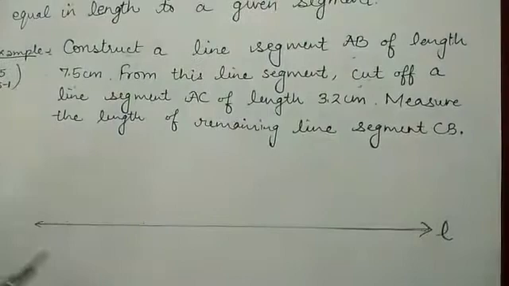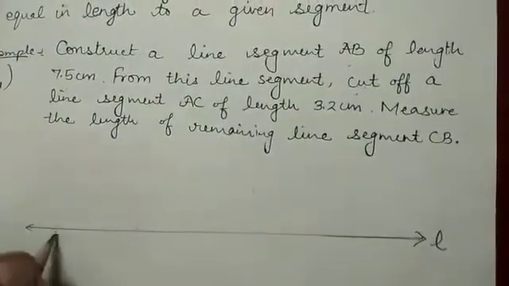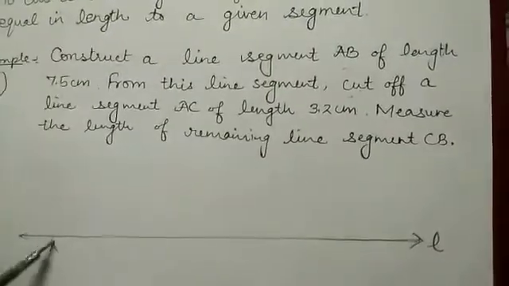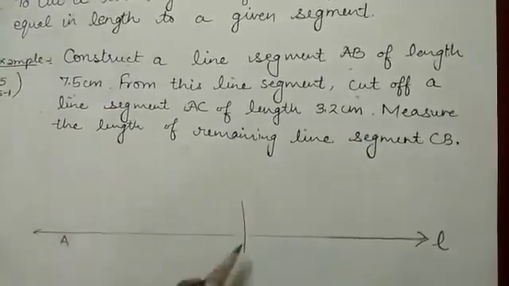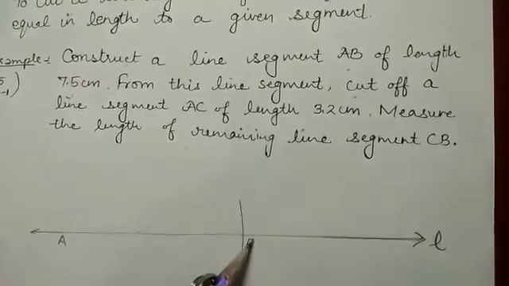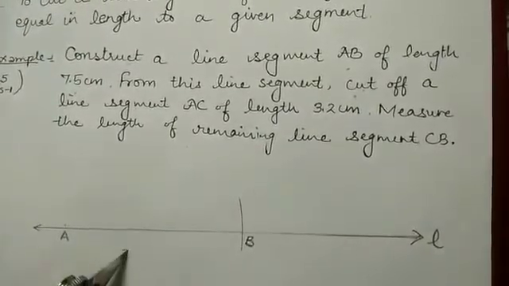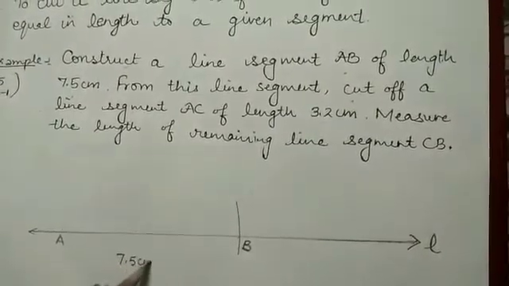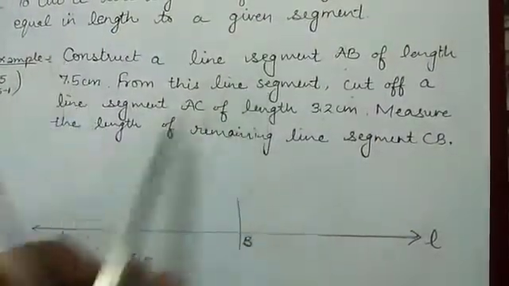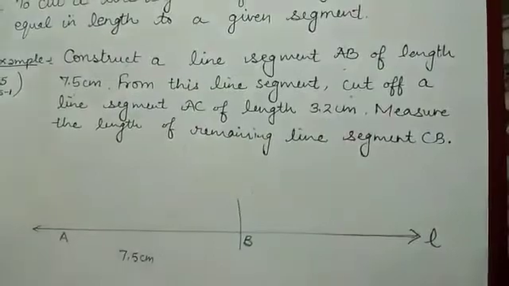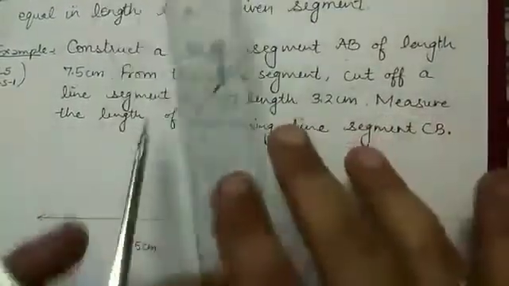Now mark a point on the line, name it as A, and from this point mark an arc equal to 7.5 centimeter. So I have got a line segment of 7.5 centimeter. Now my second line: from this segment, cut off a line segment AC of length 3.2.